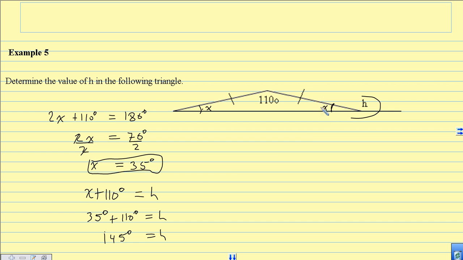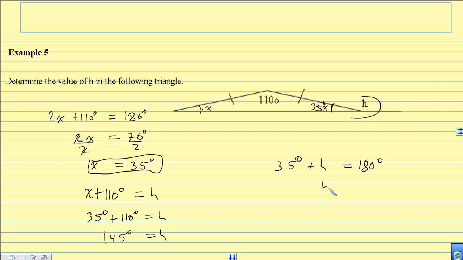And you can also check it this way. This angle was 35 degrees here. Well, that means that 35 plus h has to equal 180, because here's a straight line and I cut it, right? And the straight line has an angle of 180 degrees. This angle is 35, so 35 plus h has to equal 180 degrees.